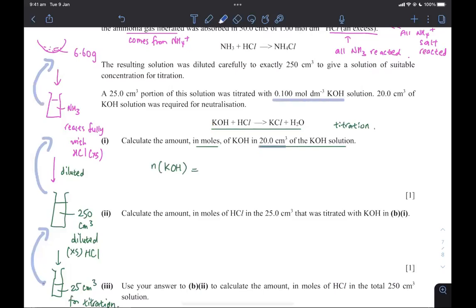Concentration of, so can you tell me what would you write down? 0.1 times 20, but change it to dm³ first. How? What would you do? Times 10 to the power of -3. Yep, that's correct. Or you can do divide by 1,000.